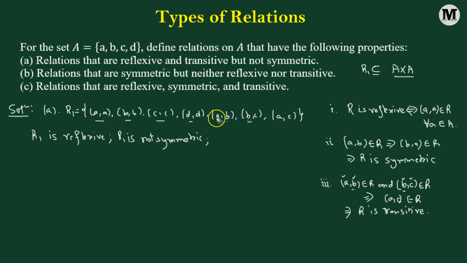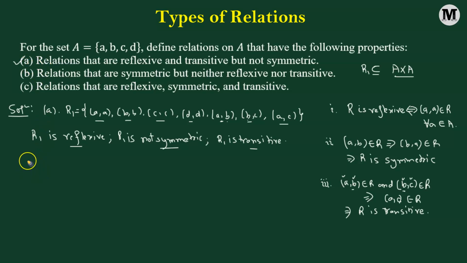That means A comma C must be present in the relation R1. Yes, we are seeing that A comma C is definitely present in the relation. So here we can say that R1 is transitive. So we have chosen R1 to be such that it is reflexive and transitive, but it is not symmetric. So we have defined the relation R1 as given in A.